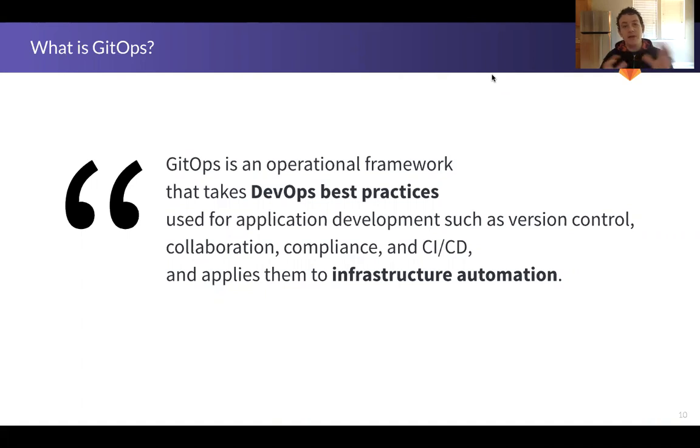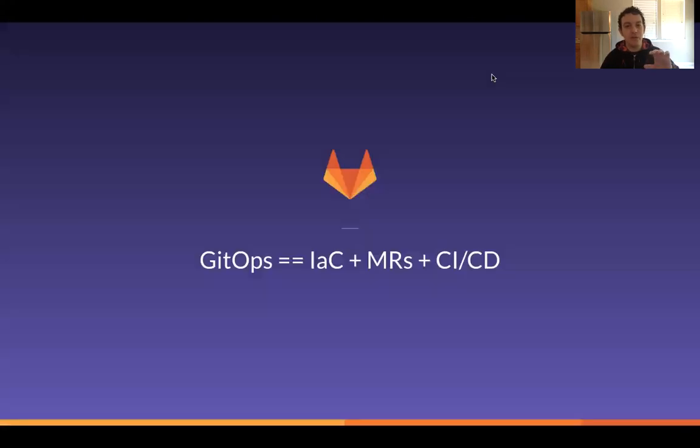And so the way we're thinking about this is GitOps is an operational framework. And what it does is it takes the DevOps best practices that you use for application development. These are things like version control, collaboration, compliance, and CI/CD automation. And we're applying those to infrastructure automation. So I like to think of GitOps as DevOps for infrastructure as a shortcut. We'll dig into it more.